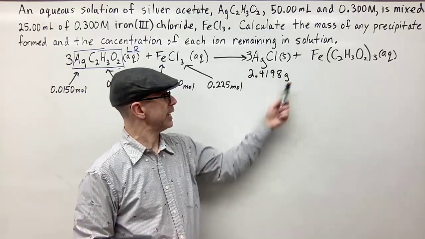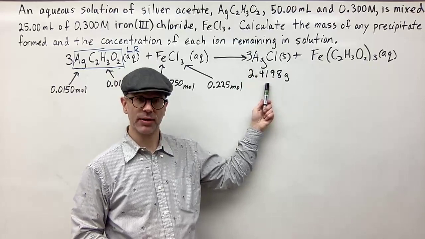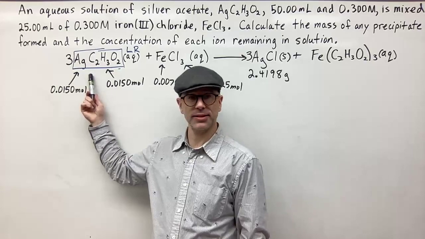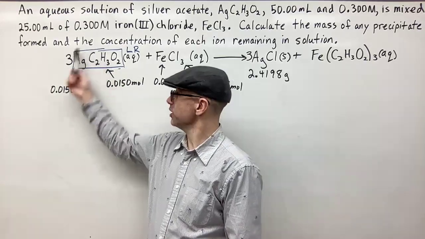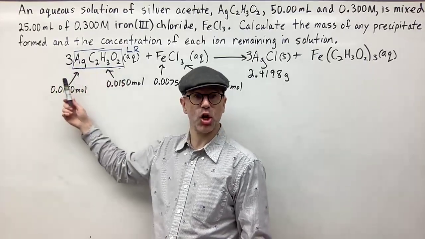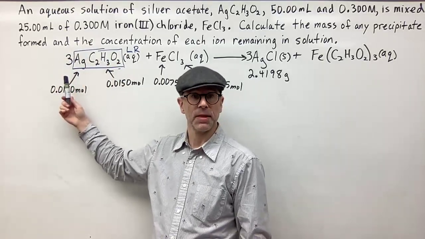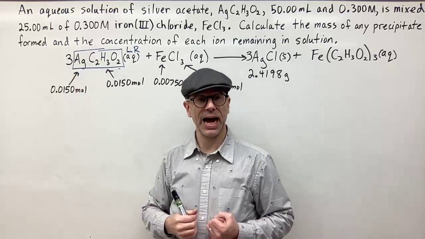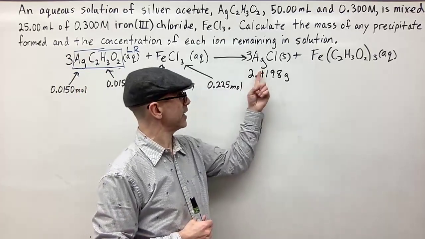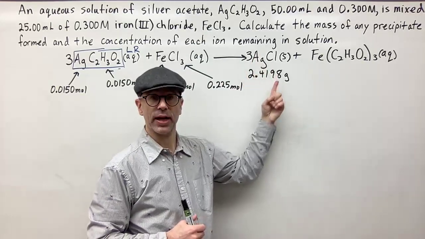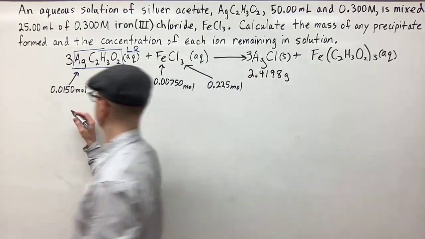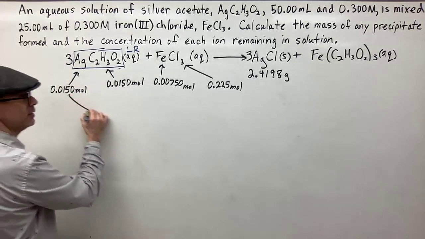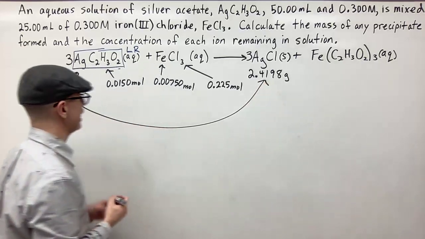But if this is the maximum amount of product that can be formed from this amount of the silver acetate, then that means that this is gone. So this is gone at completion, meaning that the silver here is going to be taken completely out of solution and it's going to end up here, right? So that means that at the end, all of this ends up in there.